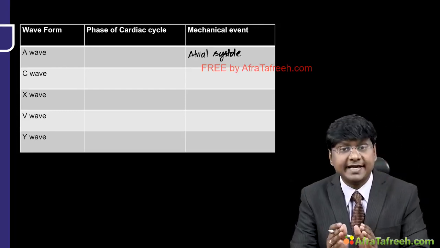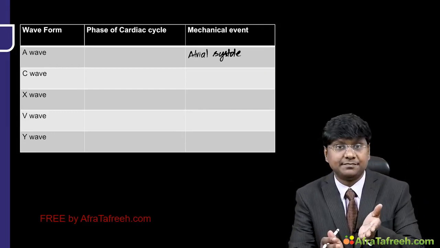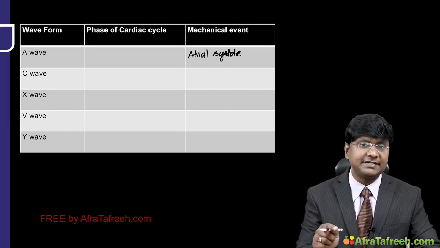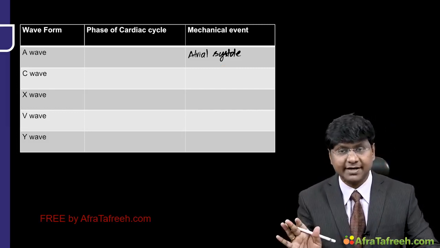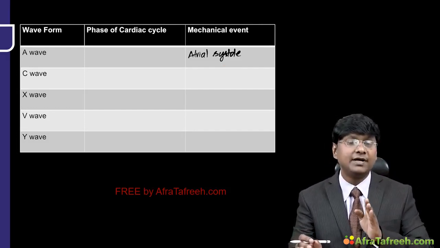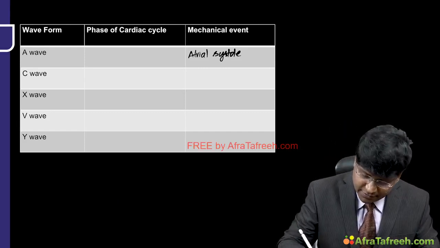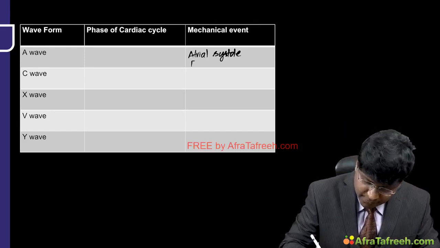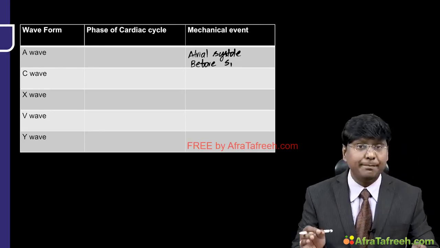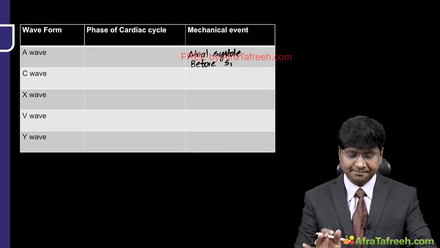Whenever there is atrial systole, there is increase in the right atrial pressure, and that increased right atrial pressure is represented by the A wave. It is the dominant wave which occurs before the carotid pulsations, and before the appearance of the S1. So before S1, you get this particular A wave.